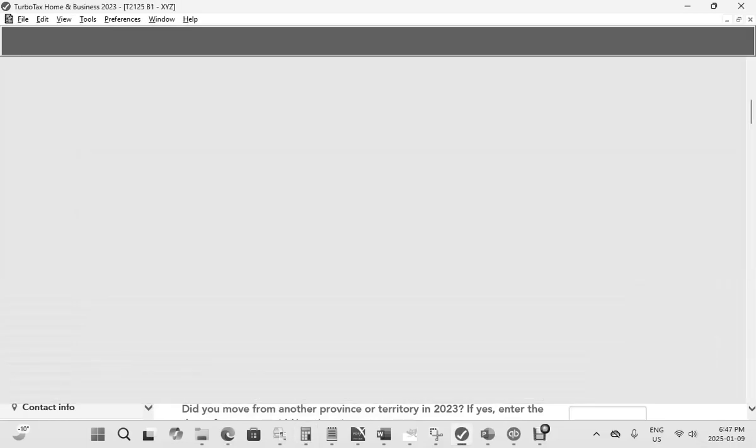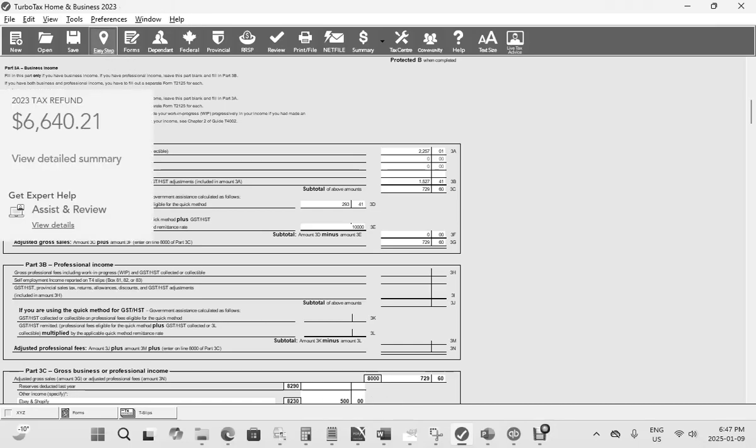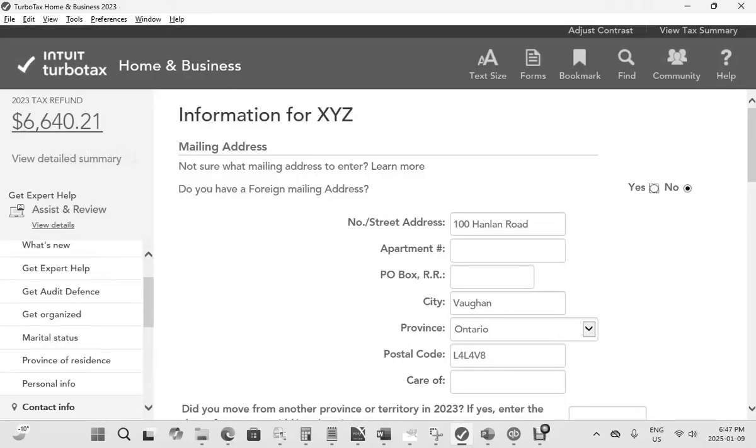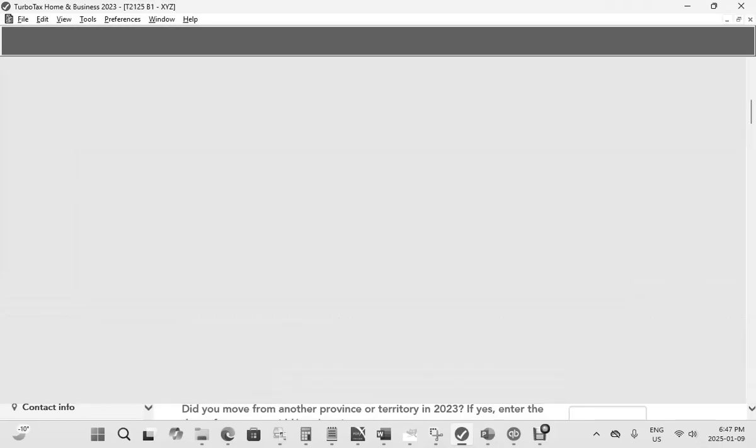Let's change it to $10,000 and see how it impacts our tax refund. Your tax refund stays the same. So it does impact your tax return up to a certain amount, up to a certain maximum. Once it goes over that maximum, it will stop changing the figure for your tax refund or tax owing.